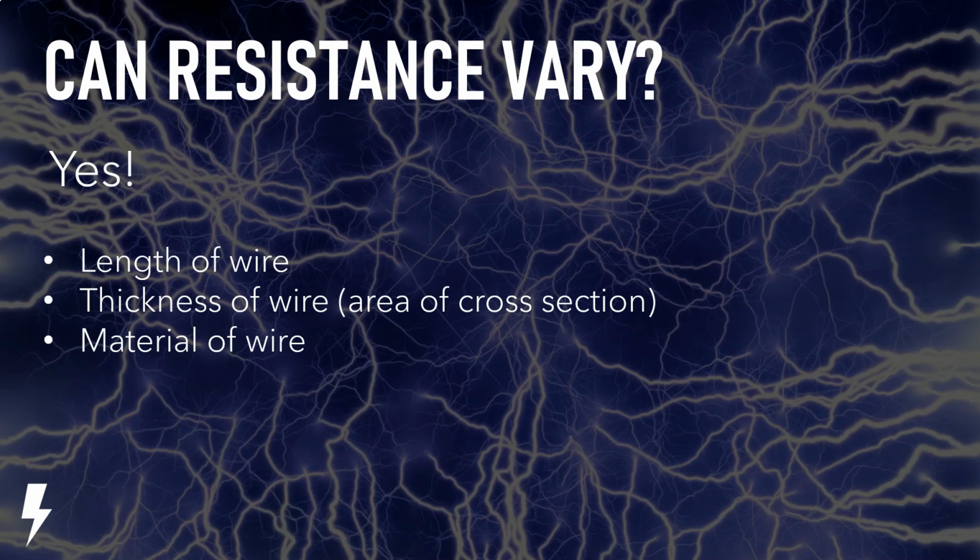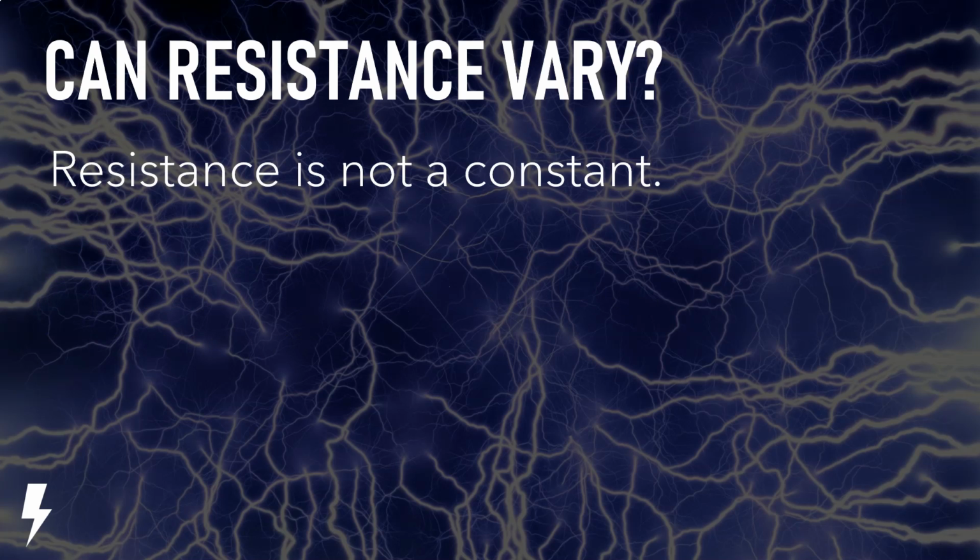It's inversely proportional to the area of cross-section, meaning that if the area of cross-section increases, resistance decreases. And also the material of the wire: is it a good conductor, bad conductor, or a semiconductor? Good conductors have low resistance, insulators or bad conductors have high resistance, and semiconductors have resistance somewhere in between. So ultimately the point here is that resistance is not a constant value.